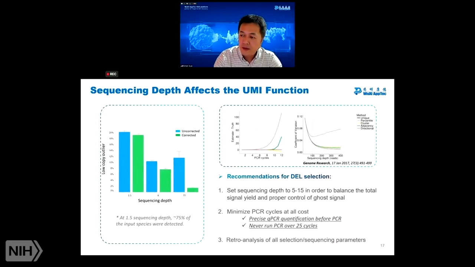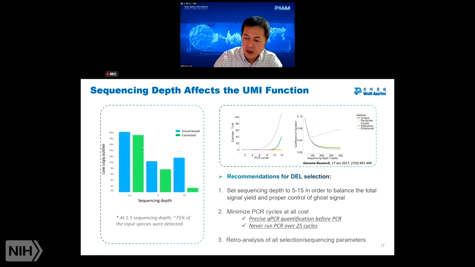So we also compared the effectiveness of UMI in relation to the sequencing depths, because as you can see, the UMI relies on the copy count difference of the outlier, how low the outlier is compared to the general population. So if your sequencing depth is too shallow, then all you get is 1 copies and 2 copies, and then UMI will not work well.